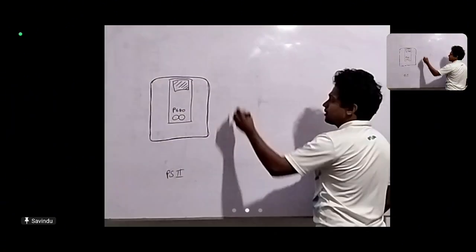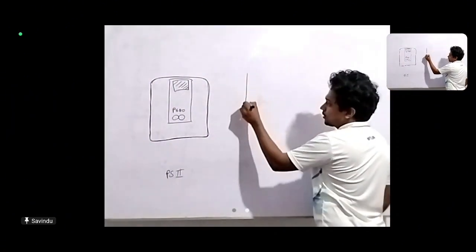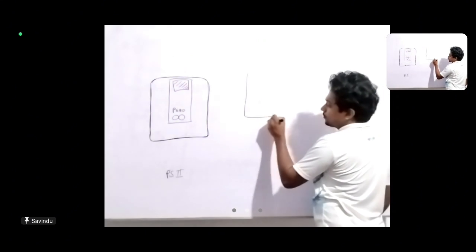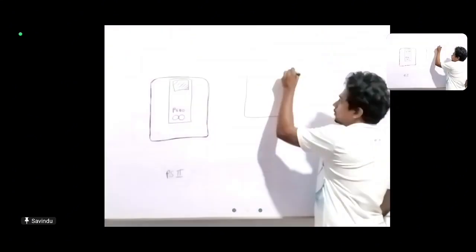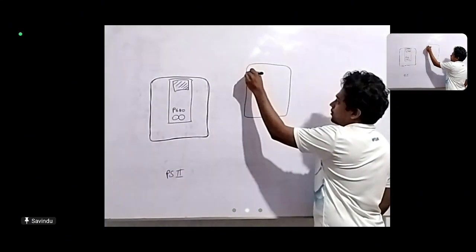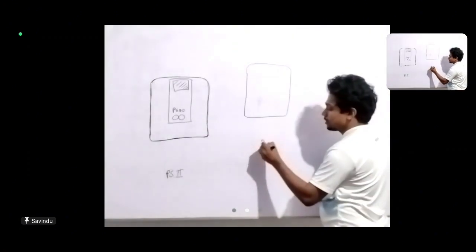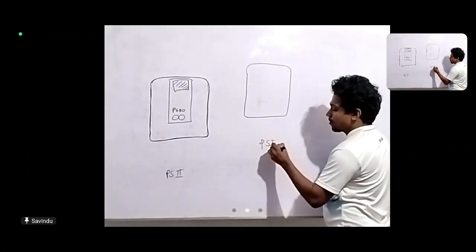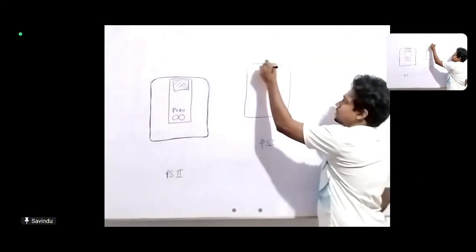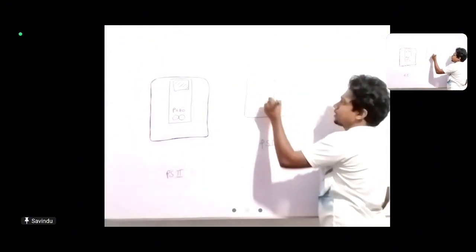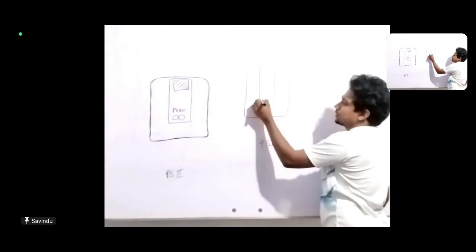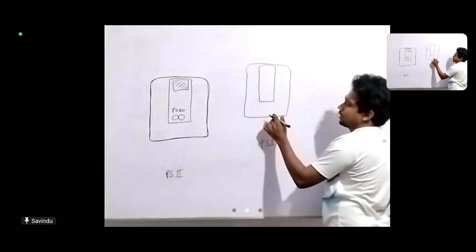The other photosystem is the PS1 photosystem. In a PS1 photosystem also, what happens? Here there are two things, two areas actually.